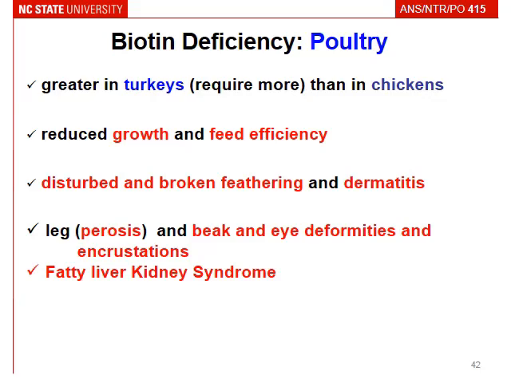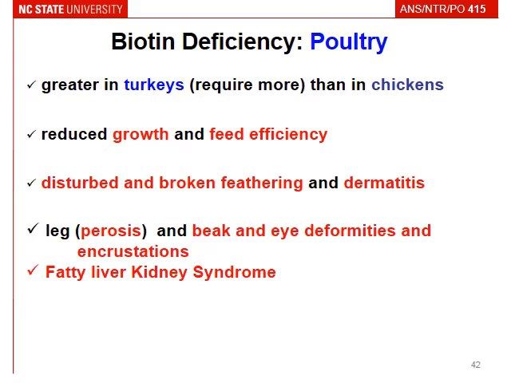So we have disturbed, broken feathers and dermatitis. We have perosis of the legs, so you have that slipped tendon, and you get beak and eye deformities and incrustations. This is more along the lines of the dermatitis affecting the eye.